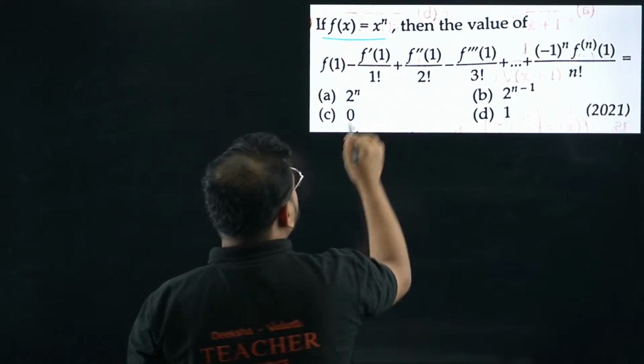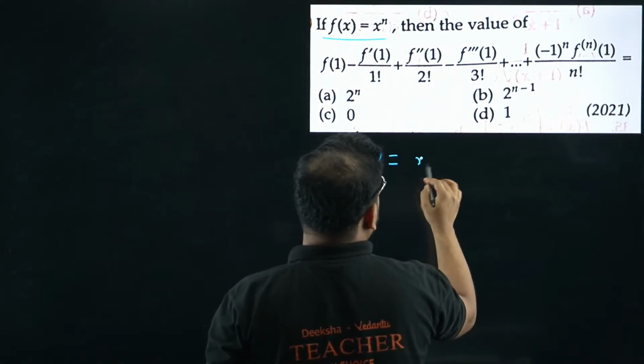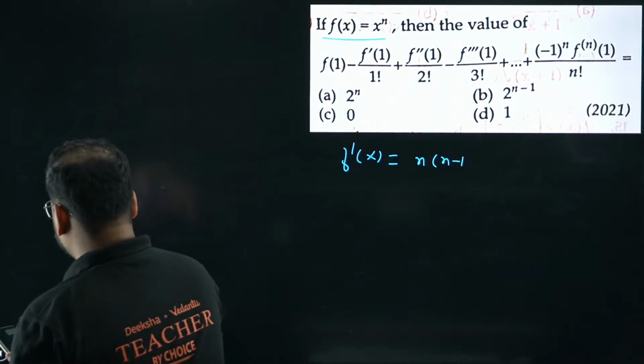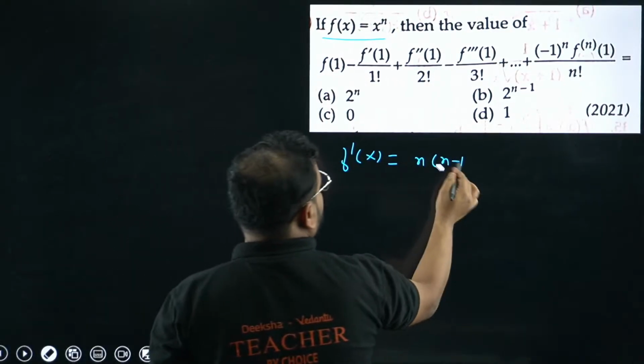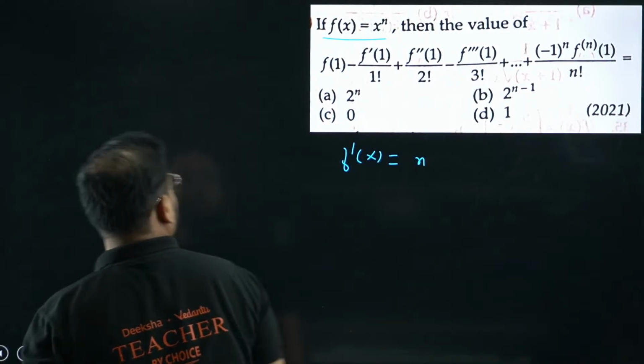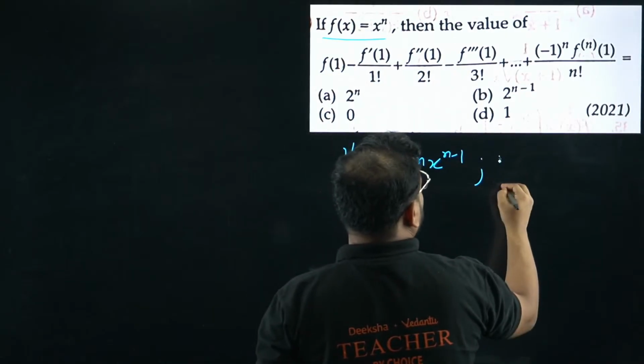So let's first find f dash of x. We'll have n times x power n minus 1. Also, let's find f double dash of x.